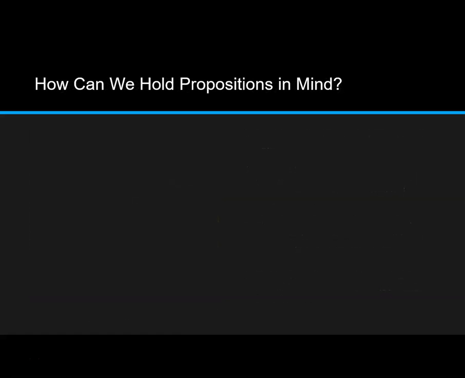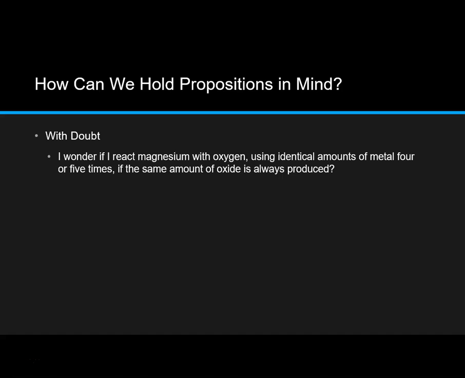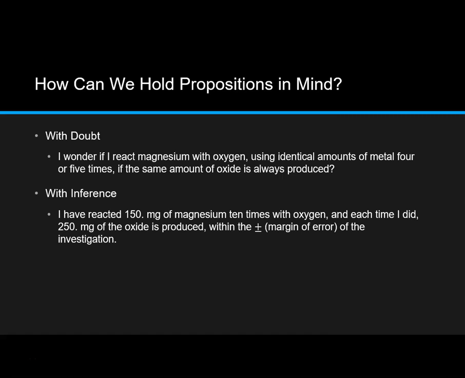Now, how can we hold propositions in mind? Well, we can do so with doubt. We can say, I wonder if I react magnesium with oxygen using identical amounts of metal 4 or 5 times, if the same amount of oxide is always produced. Or with inference.